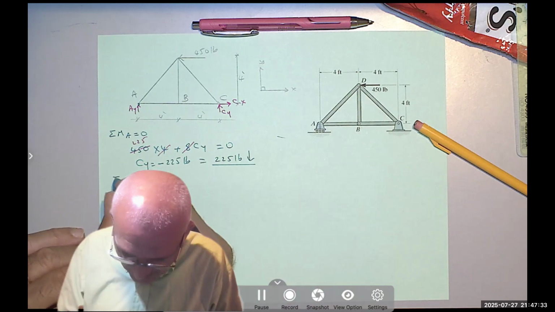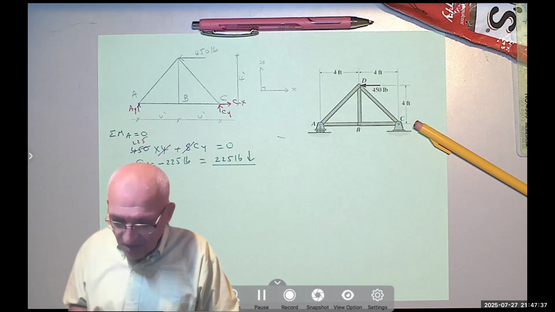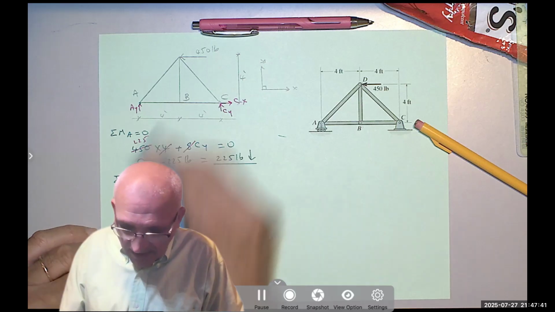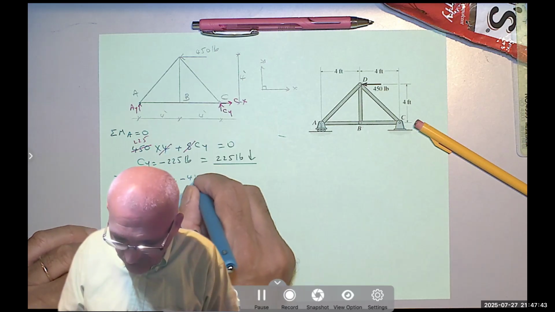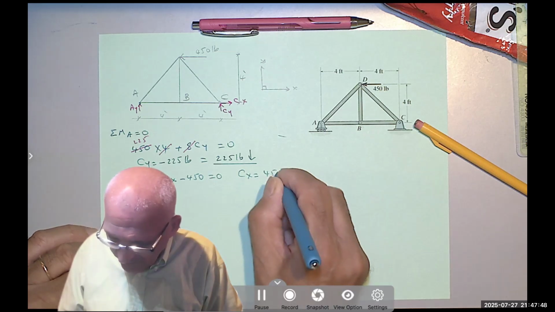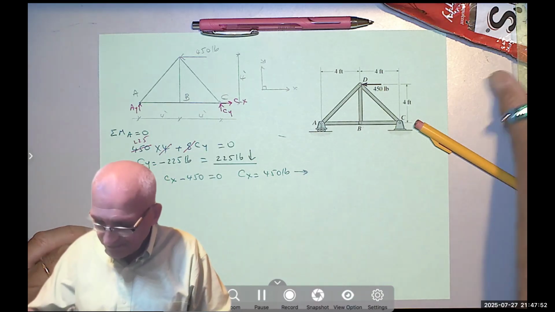Then I can say summation of the force in the x direction equals 0. I only have Cx going to the right, so it's positive, and 450 going to the left, so it's negative, which means Cx equals 450 pounds positive, meaning it's going to the right.